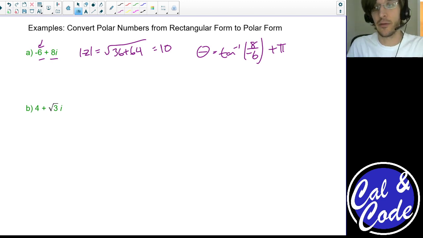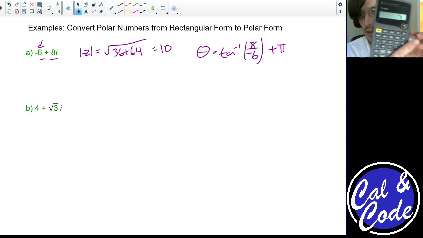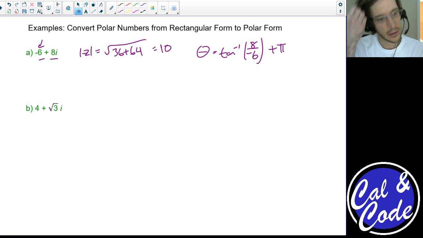I'd like to get my answer in radians, but I guess I will do it in degrees. That'll be fine. So here's this very simple scientific calculator that I was able to commandeer.